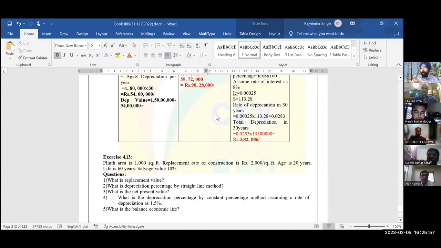If it is a 100 square yard plot, 100 square yard building, then the comparable should be nearly this 100 square yard. It means everything should be as near as possible. And then you will compare both of them and decide that a similar building was sold for 10 lakh, so the value of this building is also 10 lakh.